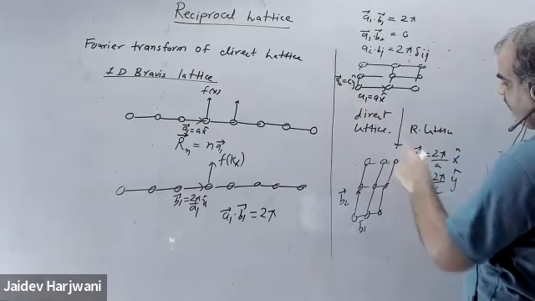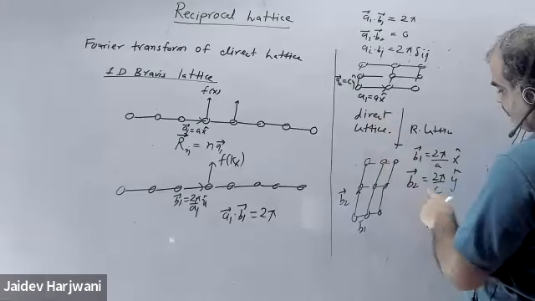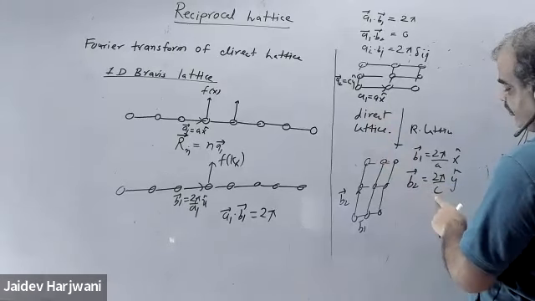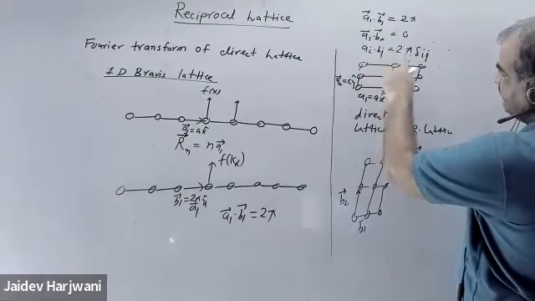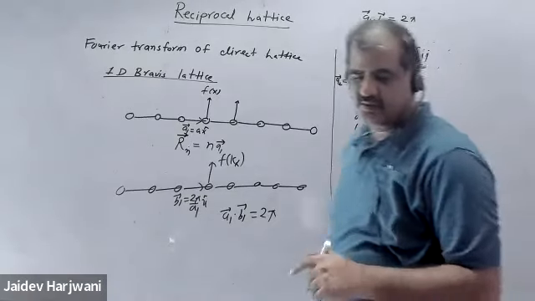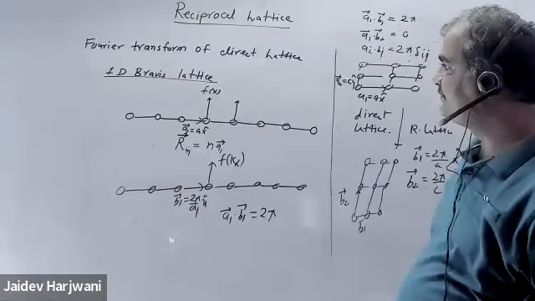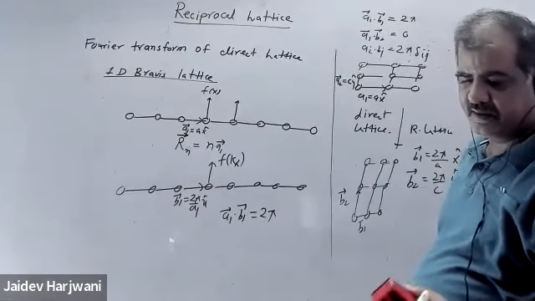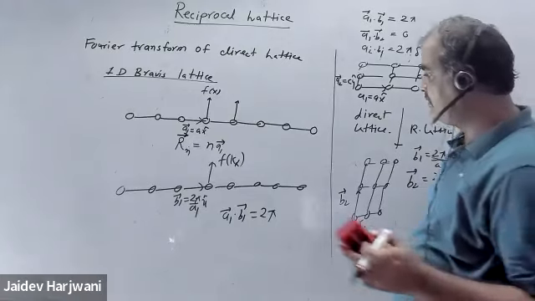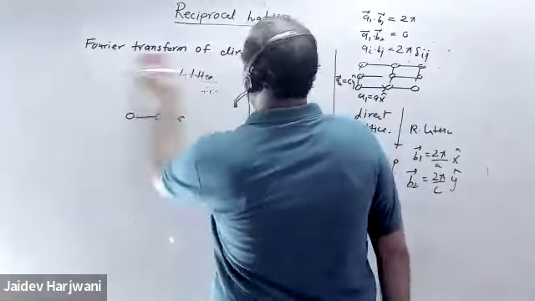Similarly, if you take a2 b1, y cap dot x cap, this becomes 0. You take a2 b2, y cap dot y cap, so you get 2 pi. So if they are the same, you'll get 2 pi. If the directions are different, you'll get 0. These are primitive vectors. Clear? Yes sir, clear. Okay, so this is your 2D.